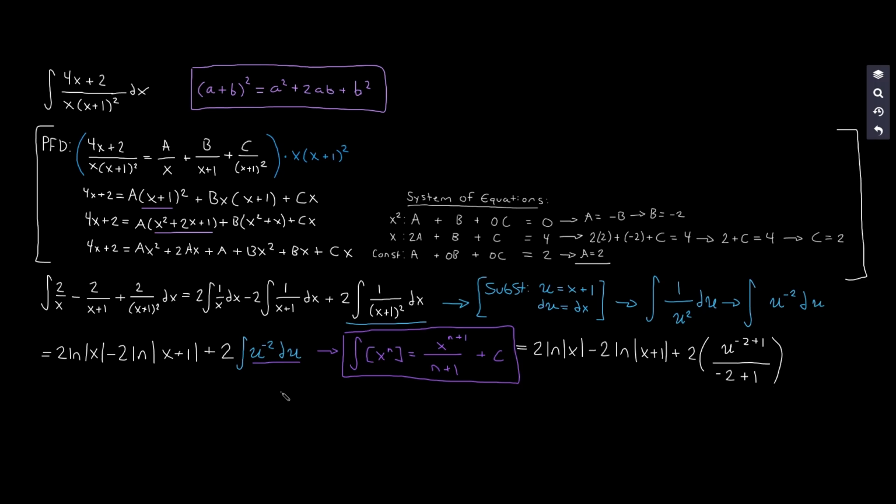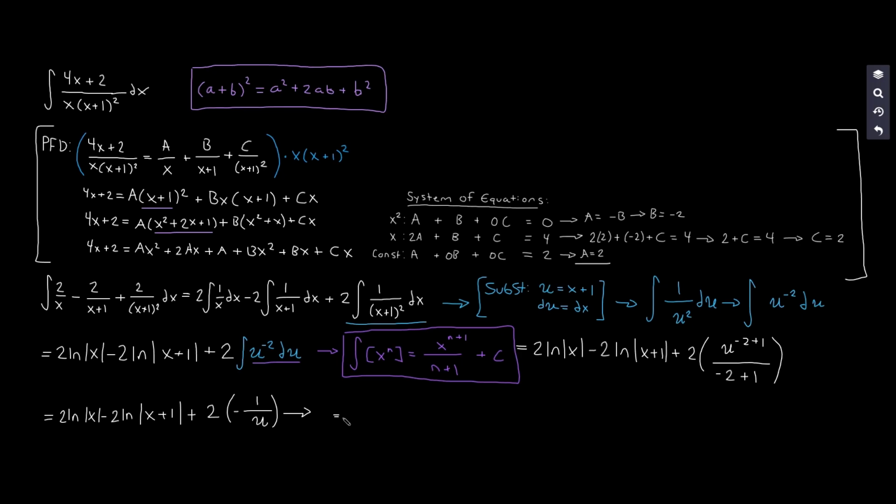And so that's going to equal 2 times the natural logarithm of the absolute value of x minus 2 times the natural logarithm of the absolute value of x plus 1 plus 2 times negative u raised to the first power. Okay, but that's the same thing as 1 over u.